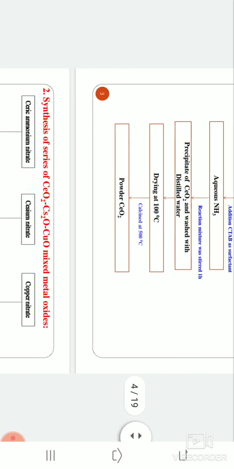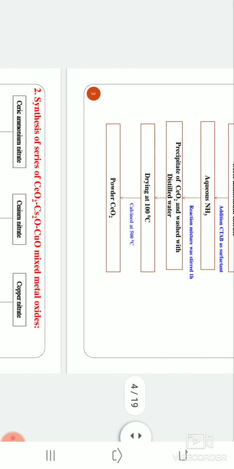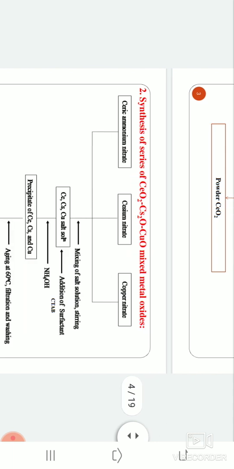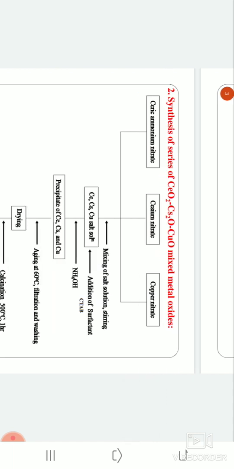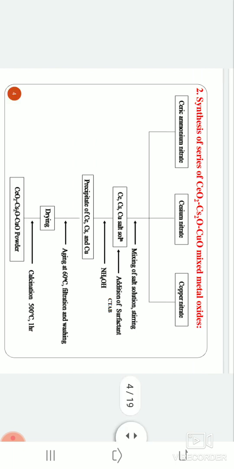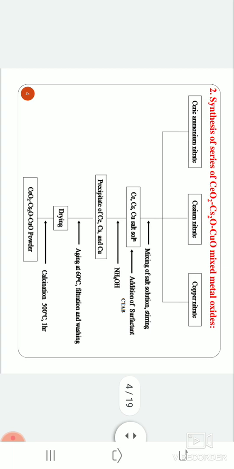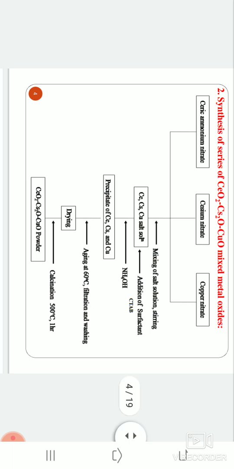After the synthesis of pure metal oxides, we synthesize the series of cerium dioxide, cesium oxide and copper oxide mixed metal oxides. In this preparation, we take the nitrate salts of cerium, cesium, and copper. These salts are dissolved in distilled water. After the dissolving, a transparent solution is prepared.